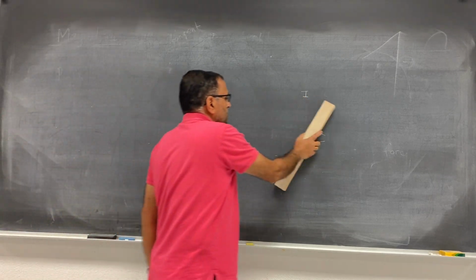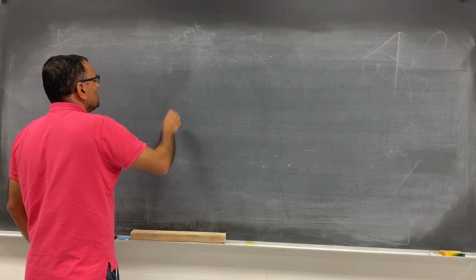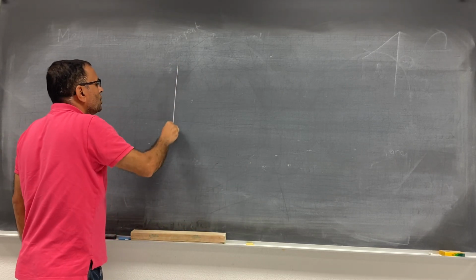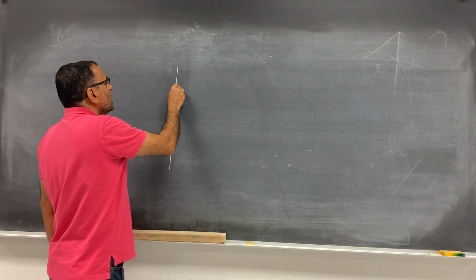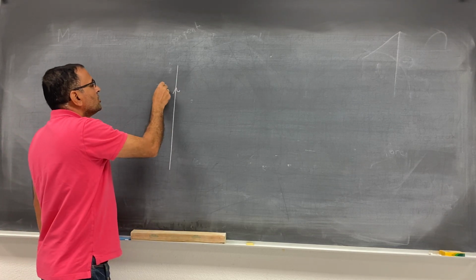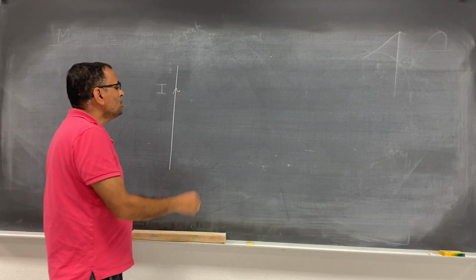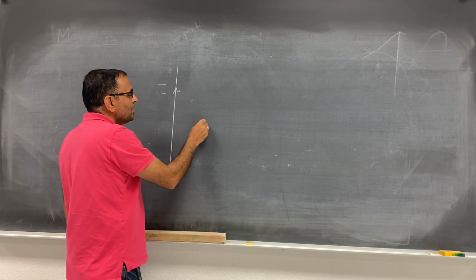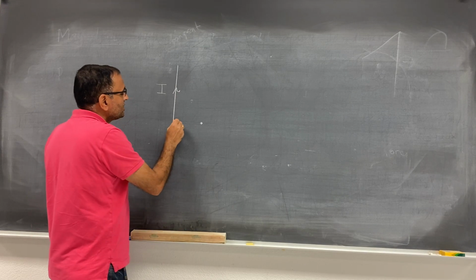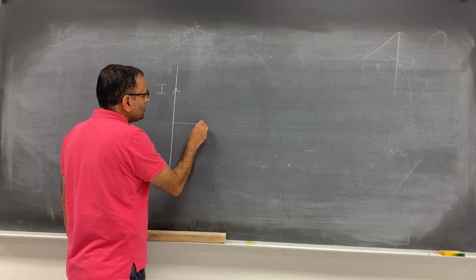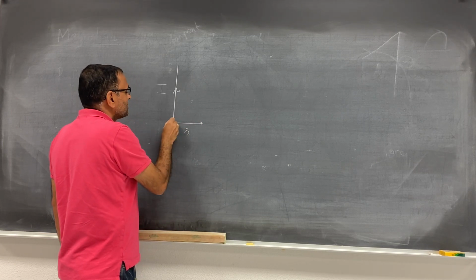And if you have, let's say, a wire, this wire carries the current I, and I want to calculate the magnetic field right here at this point, and this point is at a distance, let us suppose R, from the conductor.